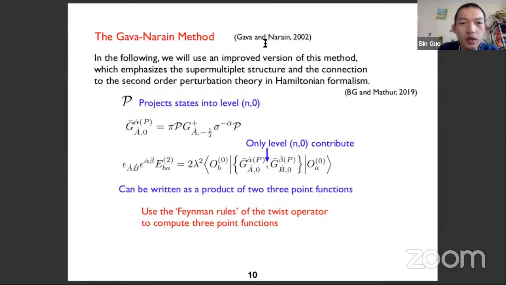In 2002, Gava and Narain proposed the idea to break this 4-point function into 3-point functions. In the following, we will use an improved version of this method. We will emphasize the supermultiplet structure and make a connection to second-order perturbation theory in the Hamiltonian formalism. First, let's define the projection operator P. It projects states into level N0.